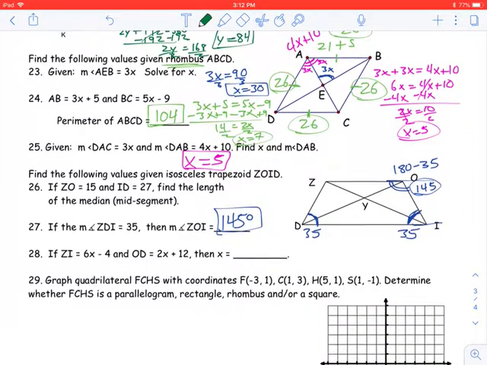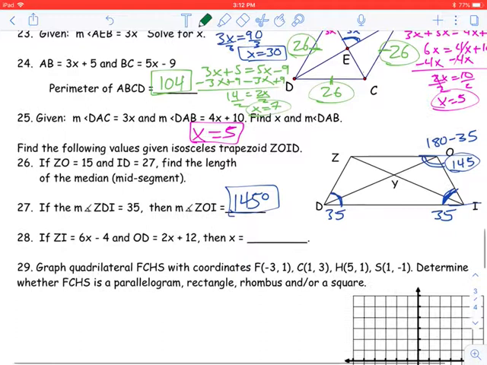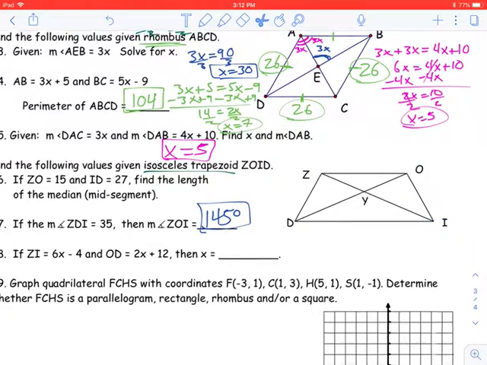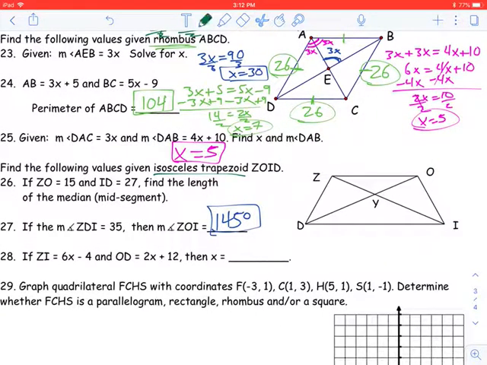Okay, so in the last couple, before we get to 29, I've got isosceles trapezoid ZOID. I've got ZO is 15 up top, and ID on the bottom is 27. Find the length of the mid-segment.